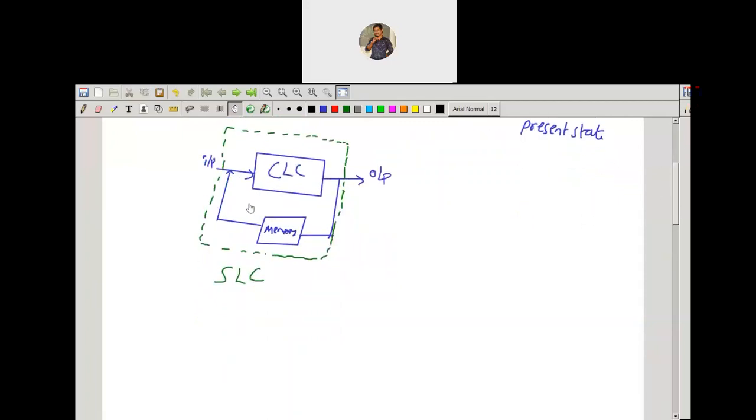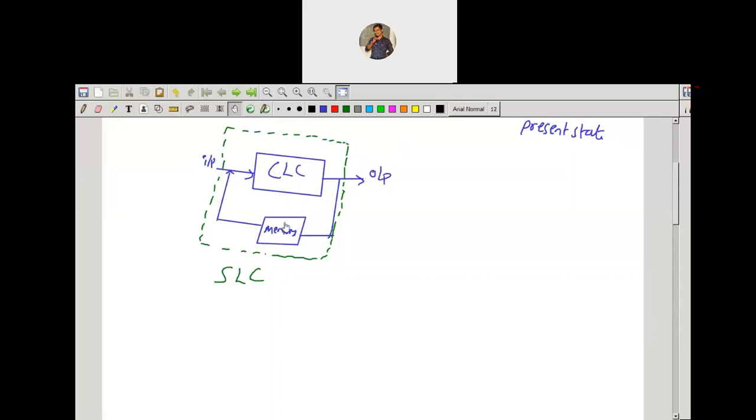Now let's talk about this part, the memory element. So what is memory? So far we have seen the input to output path, that is the combinational logic circuit we observed already. But there is an extra part we are observing, that is a memory part here. So what is this memory here?